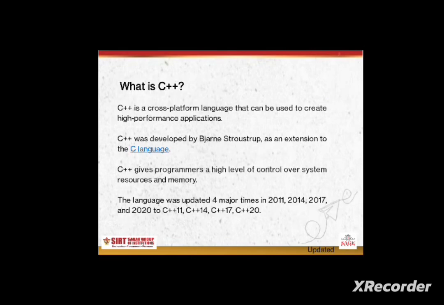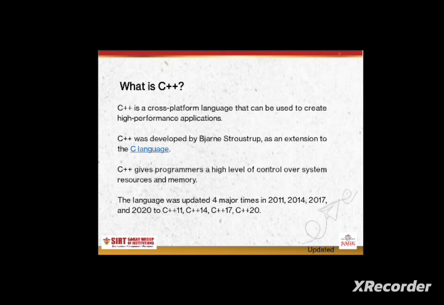Now, what is C++? C++ is not only a cross-platform language that can be used to create high-performance applications, C++ was developed by the scientist Bjarne Stroustrup, and we can say it is an extension of the C language, because before C++, the C language was introduced.